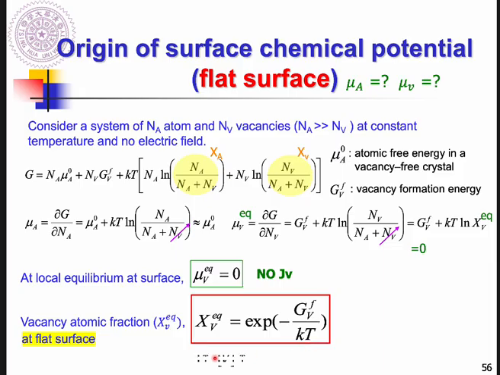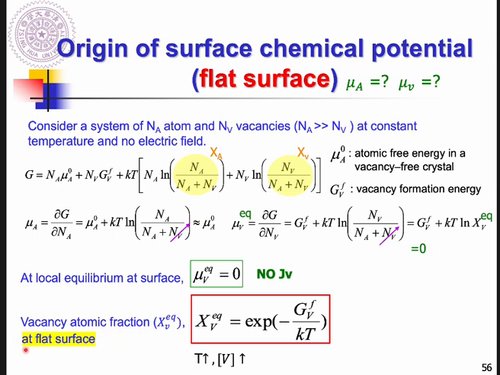So as you learned, when you increase the temperature, this negative value becomes smaller, which means that you have a larger atomic fraction for the vacancy. So we have more vacancies as long as you increase the temperature. So this is what you have learned, right?